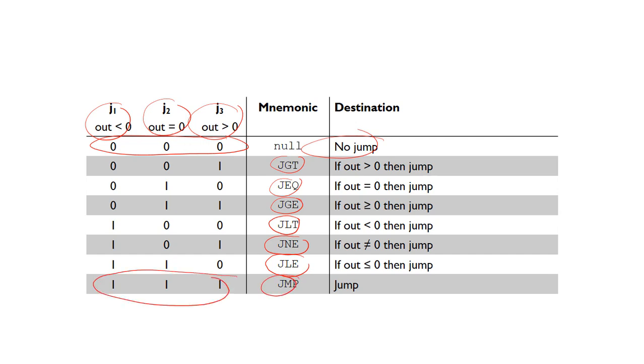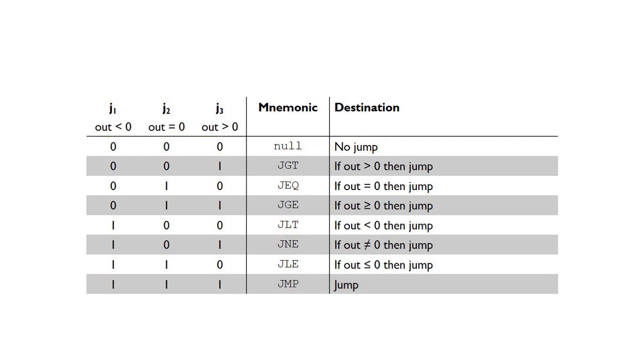So if all three of those bits are 1, we'll just jump, no matter what happens, to a different instruction. So you can see on this table how the bits control this: J3 controls whether the output is greater than 0, J2 if it's equal to 0, and J1 if it's less than 0.